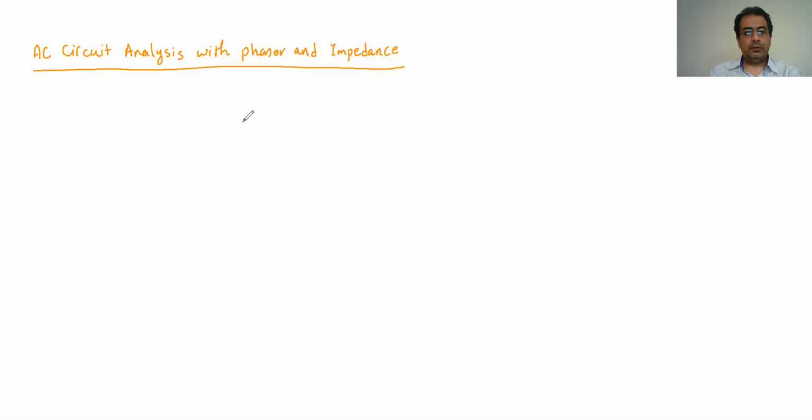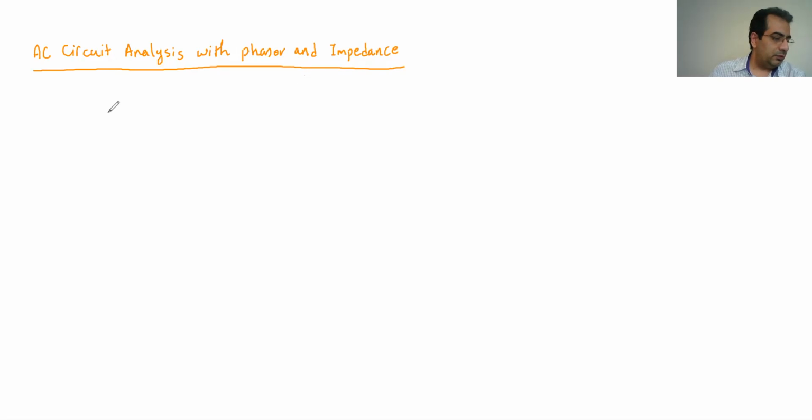Now I want to talk about how we can analyze a steady state AC circuit with a sinusoidal source, current, or voltage. The steps use these two tools, phasor and impedance.